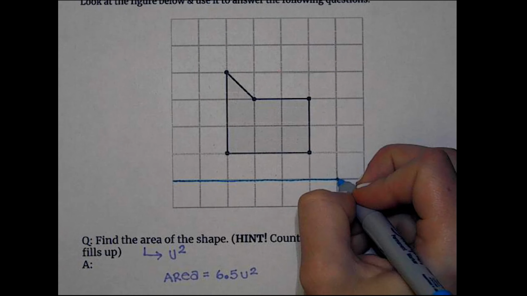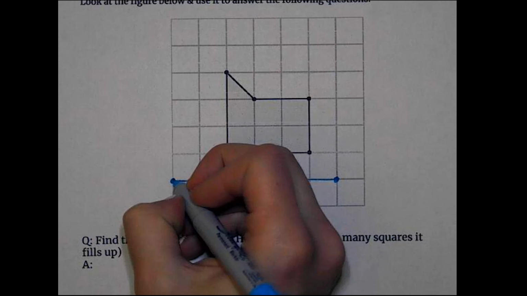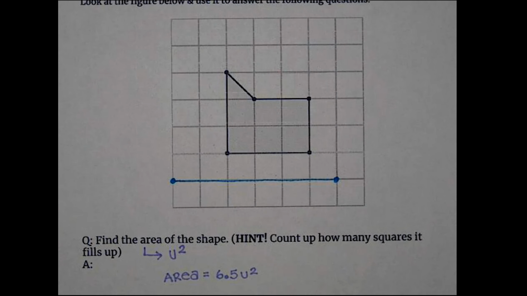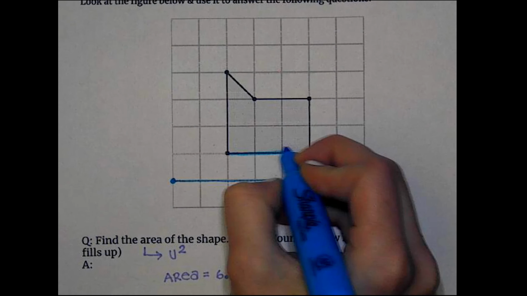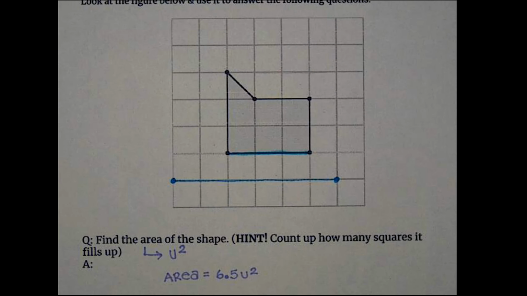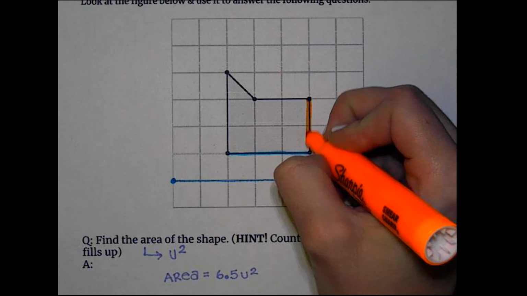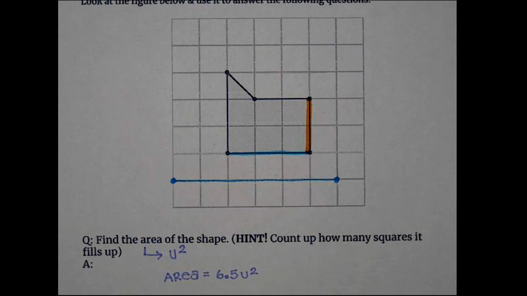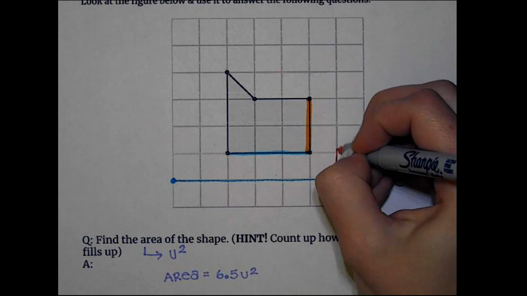Okay, here's my base. So that corresponds with that side length. Now let's look at the next side length. Let's do this side length right here. Okay, that's 2 tall. So we're going to make this next side length 4 tall because we're doubling. We're multiplying by 2.